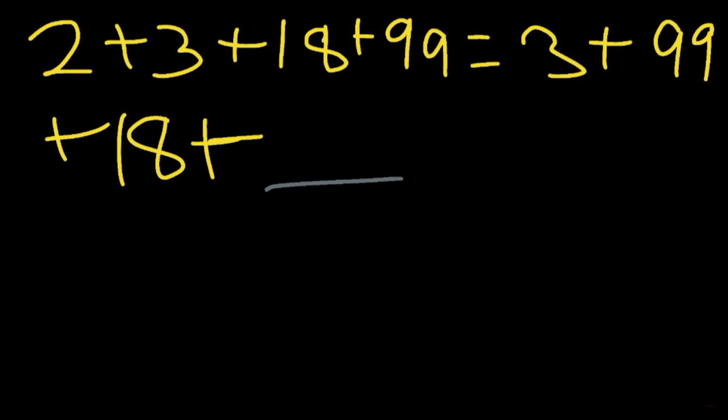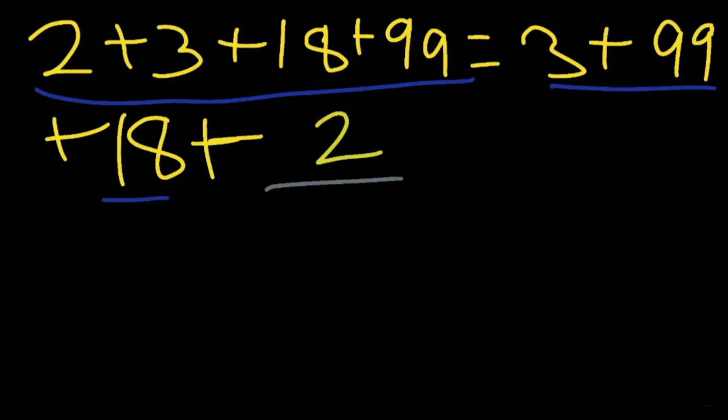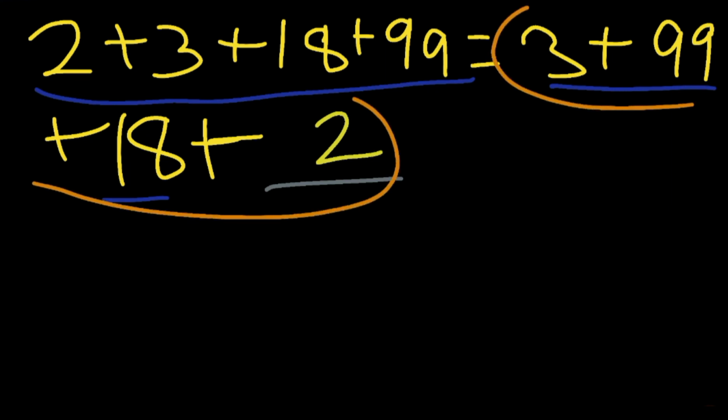If you don't know the associative or other properties, you'll have to calculate all these numbers and then find the difference, which is going to be a headache. But now you know the commutative property, so you can simply tell the answer.